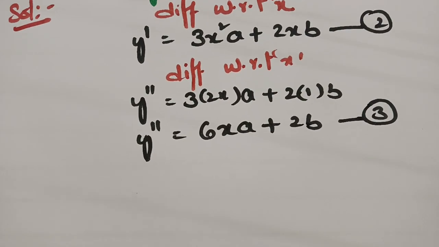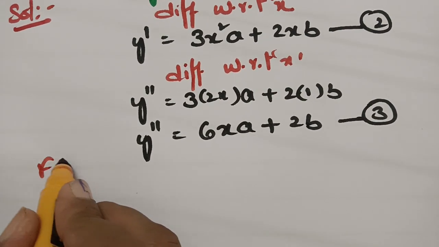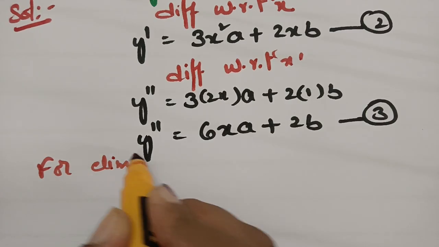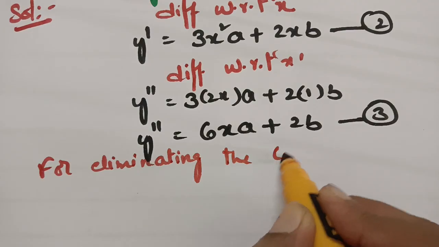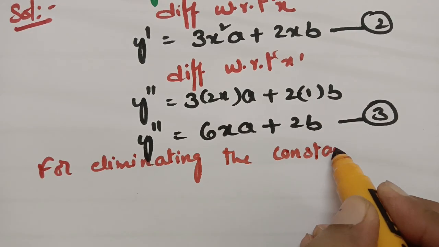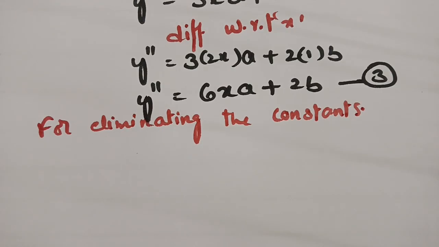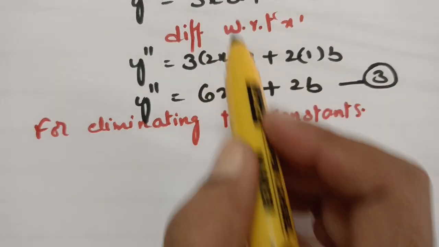For eliminating the constants, there are three equations here if you observe.